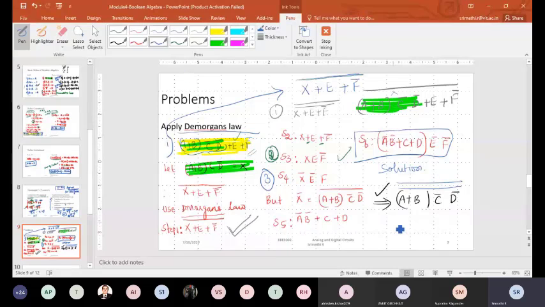After cancelling this double bar, what do I have to write? A plus B, and C D. This is how the function is. Am I right? Convert all plus to dot and dot to plus.